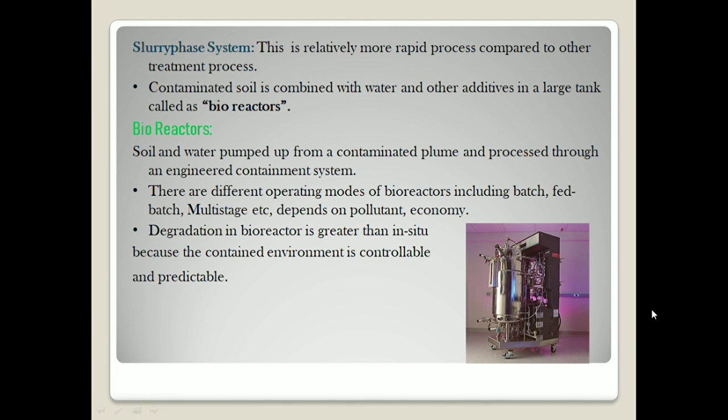All this depends on the contaminant and economy. For example, stir tank bioreactors are used for crude oil polluted sediment. Submerged bioreactors are used to remove effluents, whereas packed bed reactors are used to bioremediate amine pollutants.